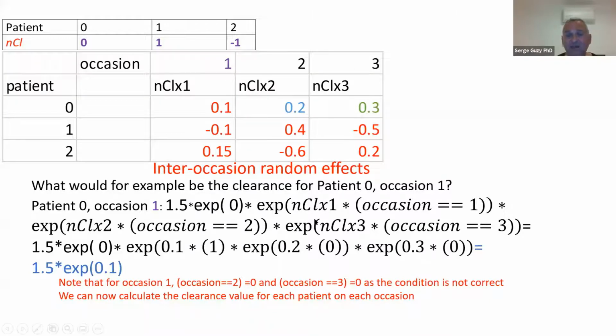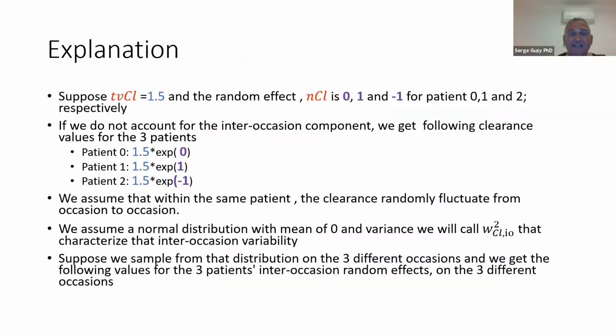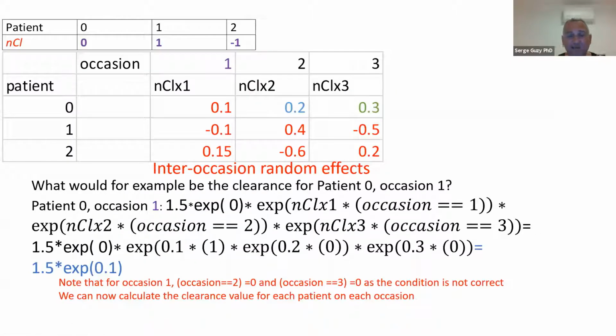And remember that the variance quantifies the population variability, either between subject or within subject, and the NCLX1 and NCLX2 and NCLX3 basically are a sample from that inter-occasional distribution that the program is going to estimate.